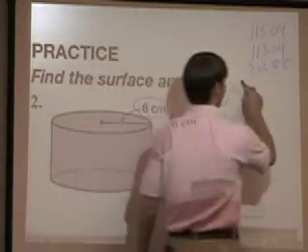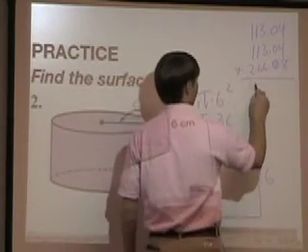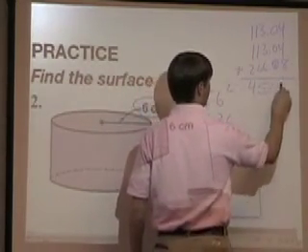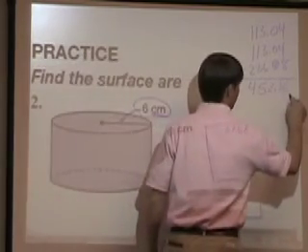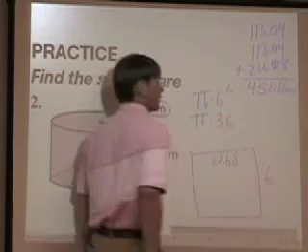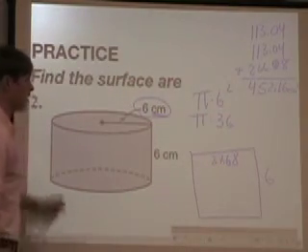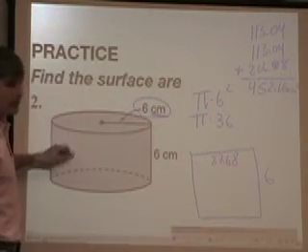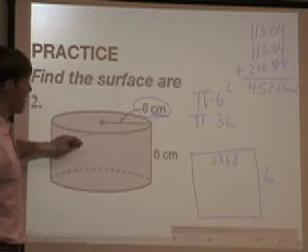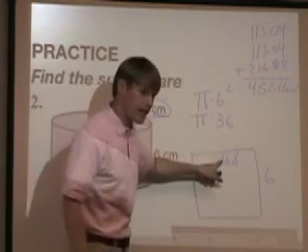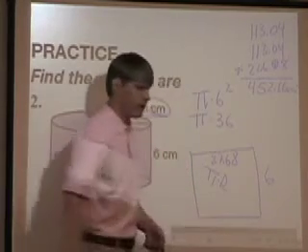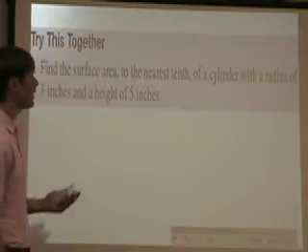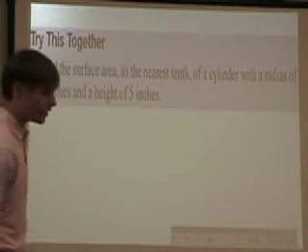What is it when you add it all up? 452.16. And the unit is what? Centimeters squared. So your final answer for the surface area here is 452.16 centimeters squared. Now remember, when you unravel it, the way you find this is pi times the diameter. Don't forget that.